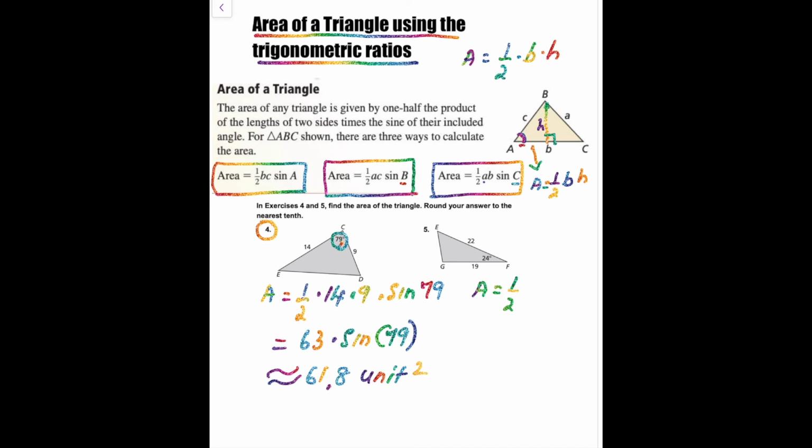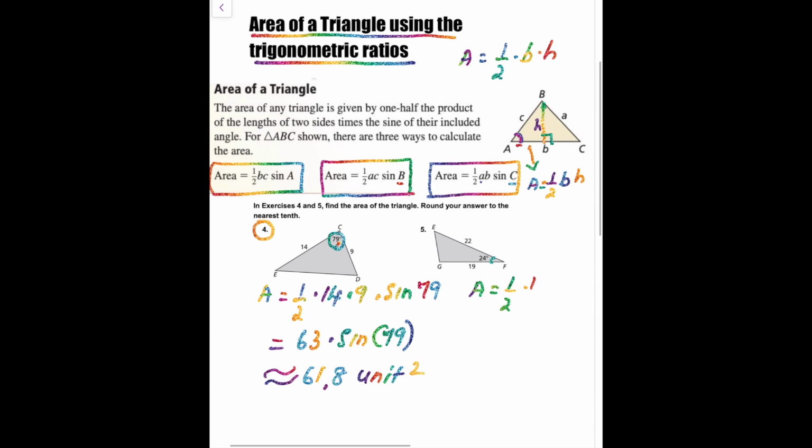So A is equal to 1/2 of, now look at the angle, that is 24. So take the other two sides, those are not opposite to 24. So that is 1/2 of 19 times 22 times sine 24.